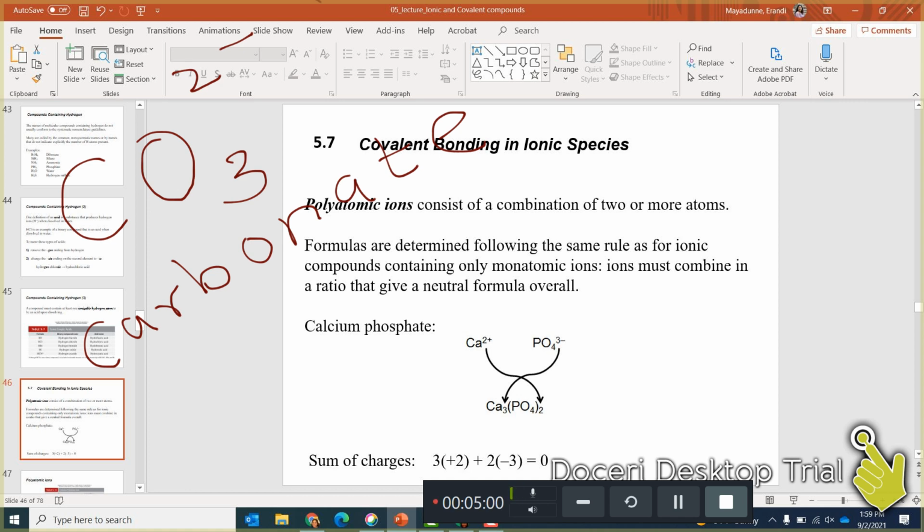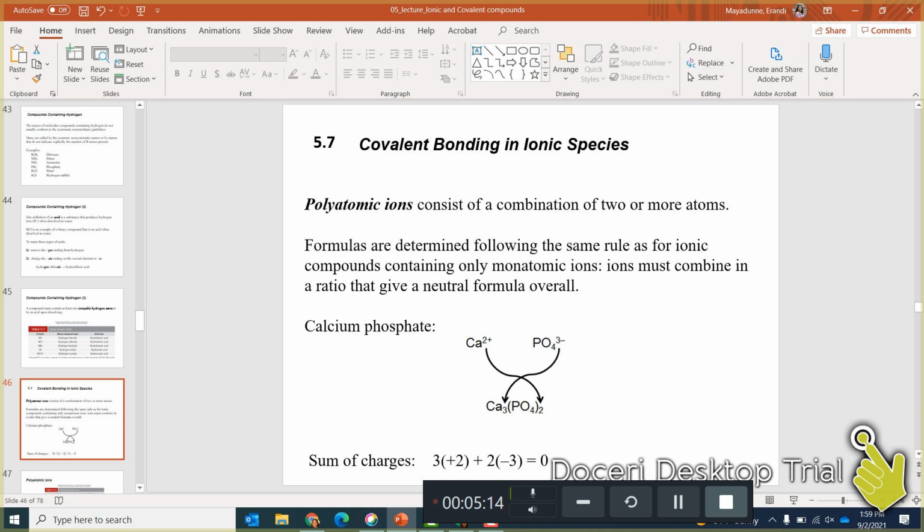Example, if I had to write sodium carbonate, I write sodium, take carbonate, CO3, the 2 goes to sodium. Think about I have to write aluminum carbonate.